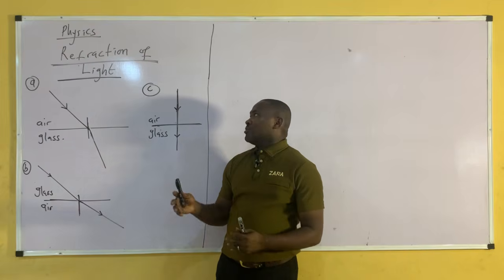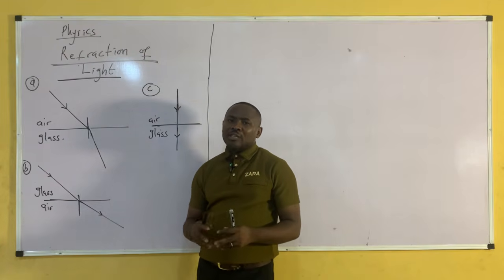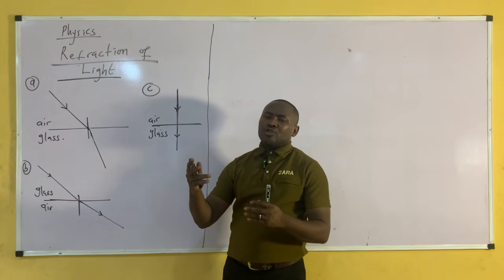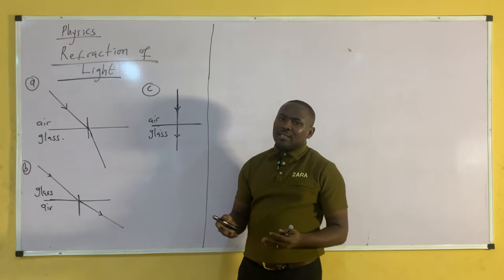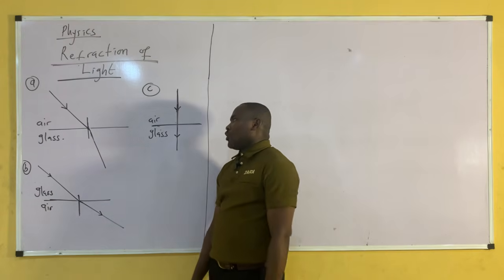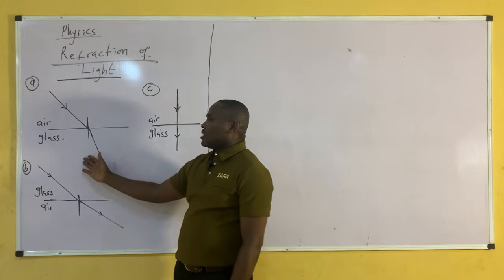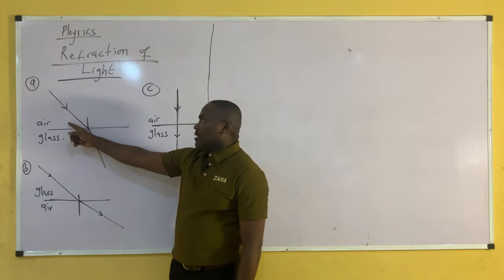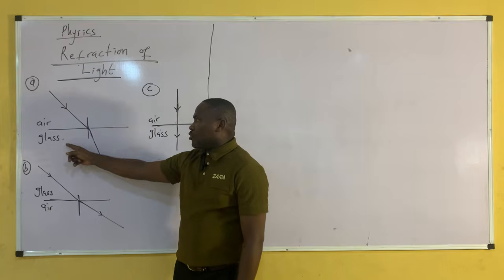All of these happen because the light ray is traveling from one medium to another. Definitely, there must be a bending of the wave. Now, look at these cases we have on the board. We have light traveling from air to glass.